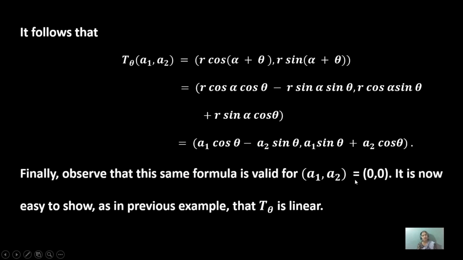It follows, as in the previous example, that T theta is linear, as shown in the first example with rotation, projection and reflection about the x-axis and y-axis. Hence T theta is a linear transformation.